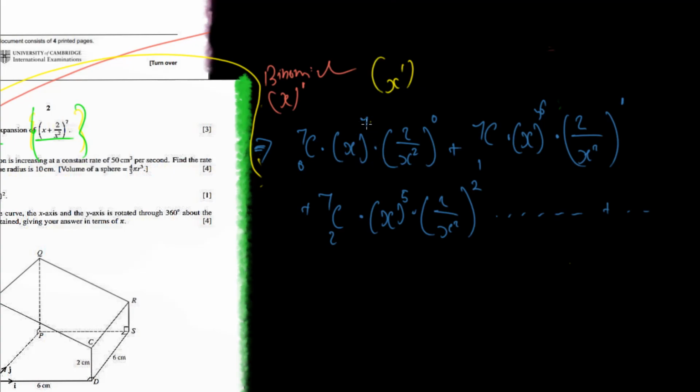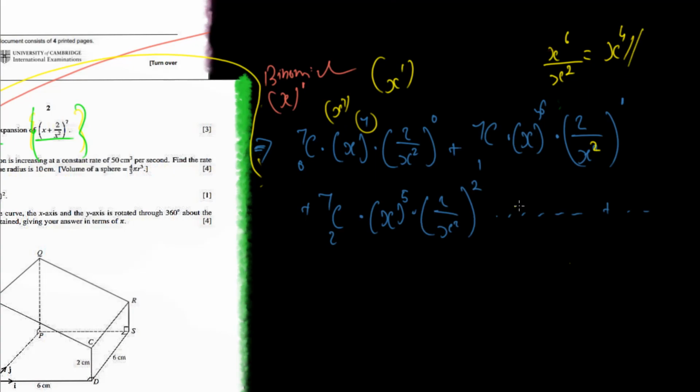If you look at the first term, x raised to 7 and this is 1 over here, so this simplifies to x raised to 7, not the one we are looking for. The second term has x raised to 6 divided by x raised to 2, which gives us x raised to 4. Again, not the term that we are looking for.